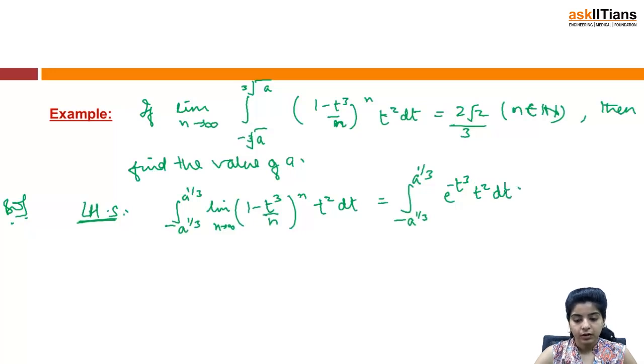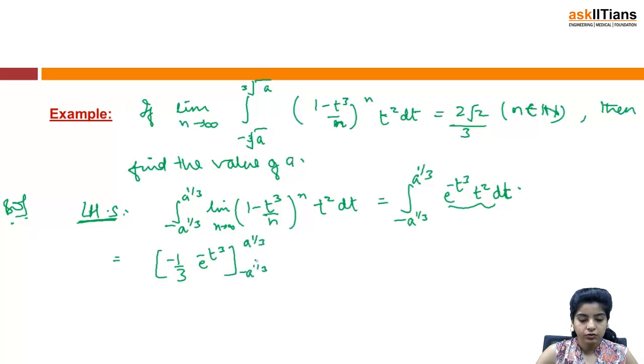Now to solve this, I can substitute t cube equal to some function L, so that you get 3t square dt equal to dl, and so this becomes e raised to minus t cube, with the limits minus a raised to 1 by 3 to a raised to 1 by 3.